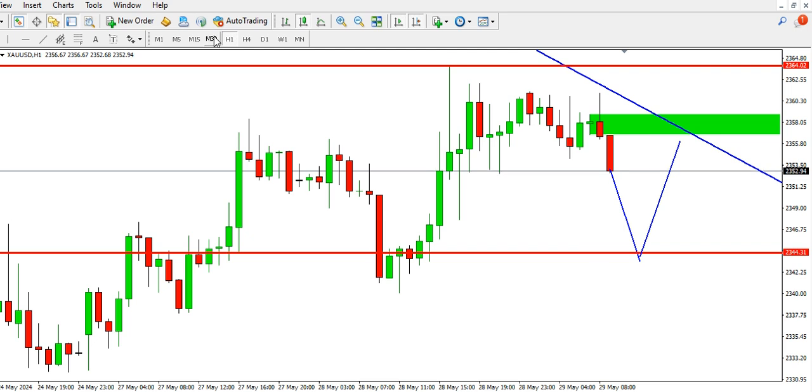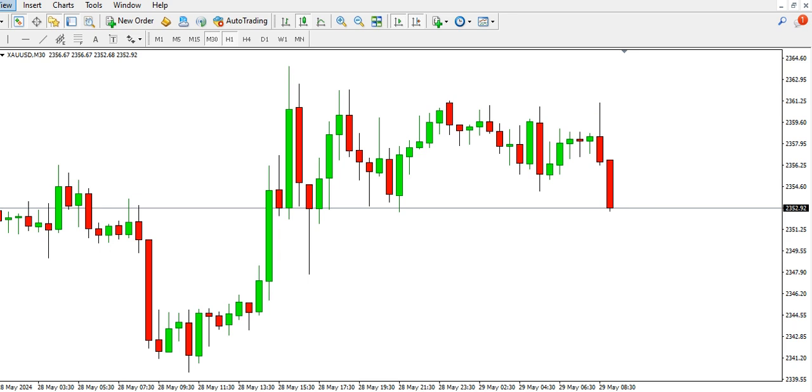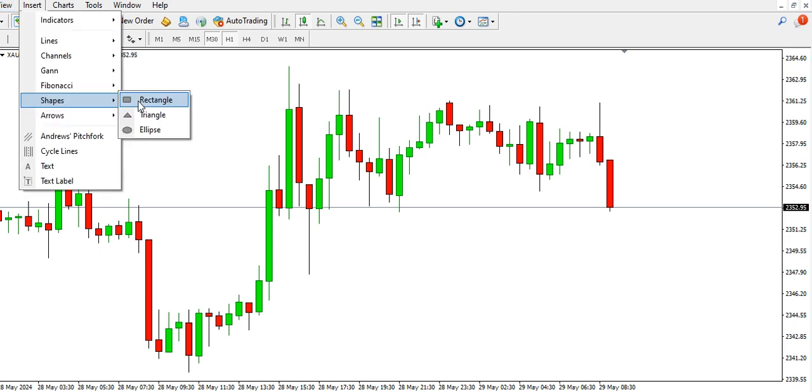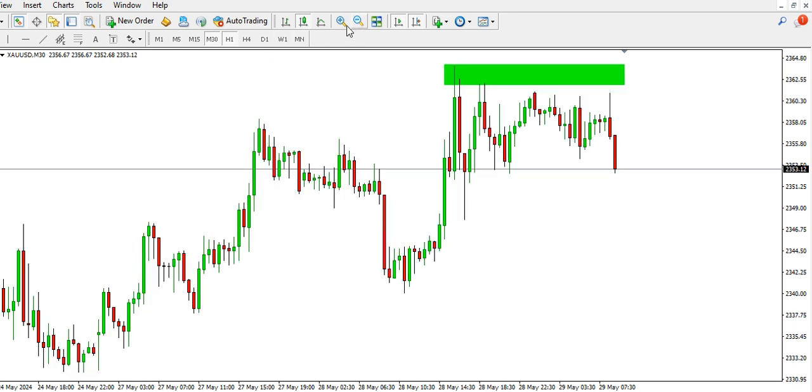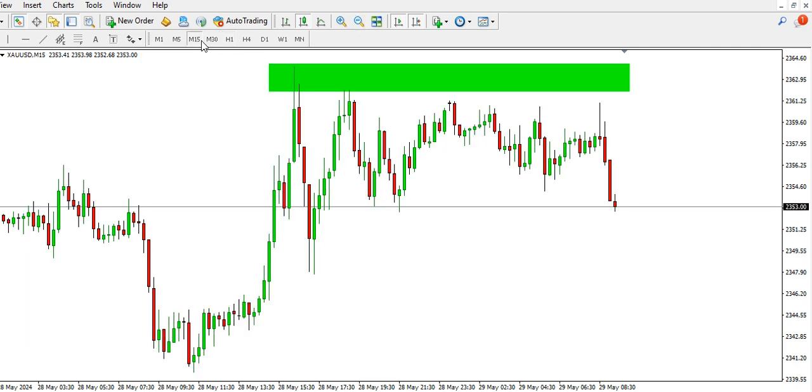Let's quickly, because of time, look at the 30-minute time frame. Price is ranging on the 30-minute time frame, but it appears as if the bears are winning. Okay, price is ranging, the bears are winning. You might want to sell for now because the overall direction is bearish as regards the 4-hour time frame.